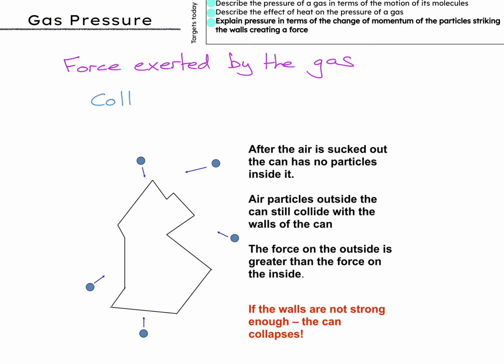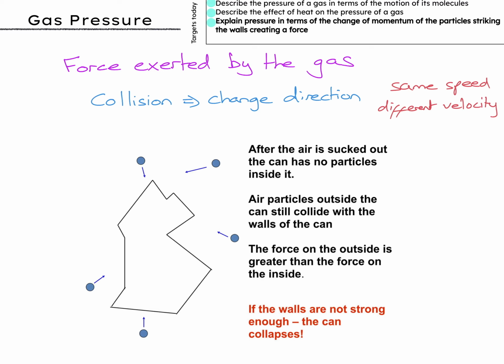When an air particle collides with the wall of the container, it changes direction. This means that even though it bounces back at the same speed, its velocity changes because velocity cares about direction as well. If the velocity changes, then a quantity called momentum also changes because momentum is equal to mass times velocity.